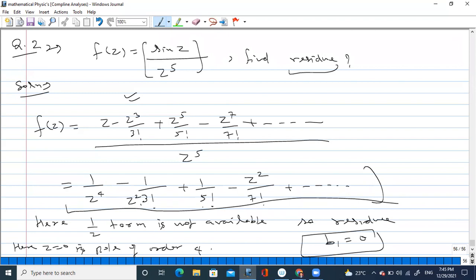This is a Laurent series, and in the Laurent series, the highest order of the singularity will be the pole, the order of that pole. Understood? Yes, sir. Done? Yes, sir. Okay.